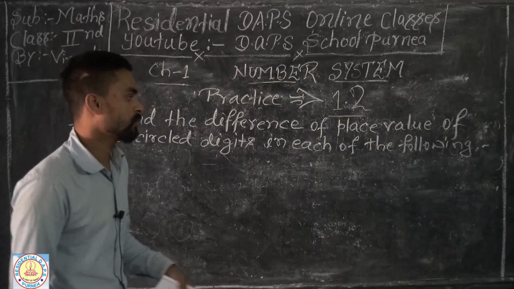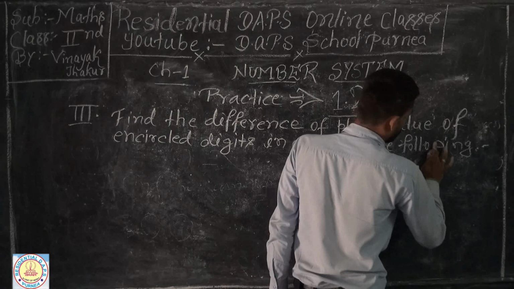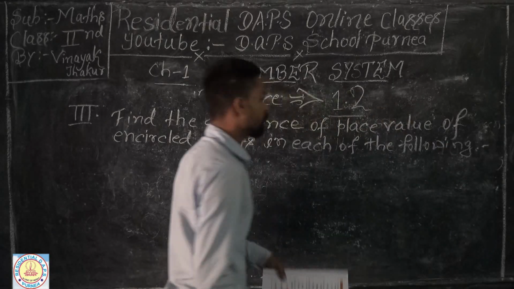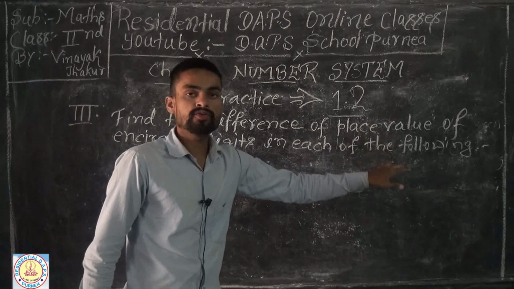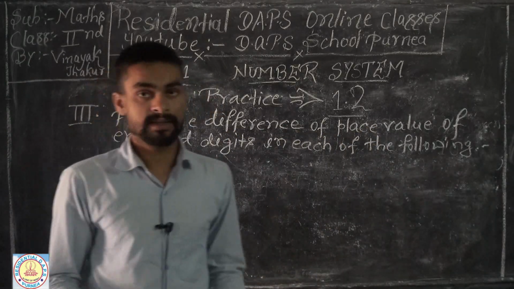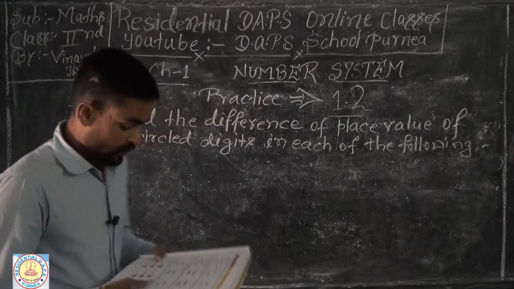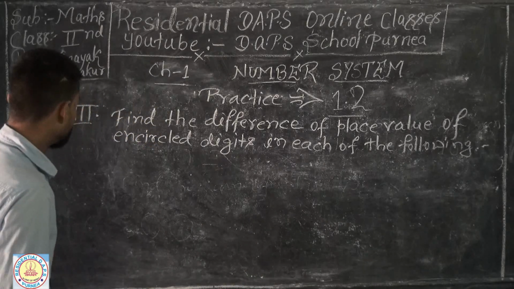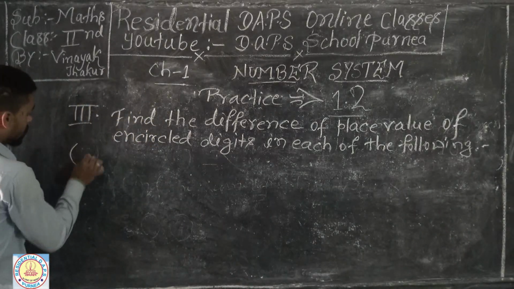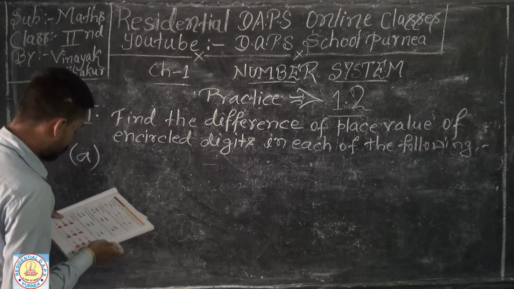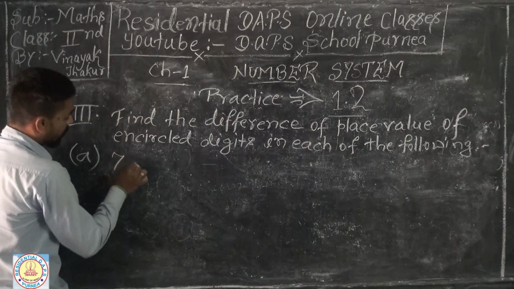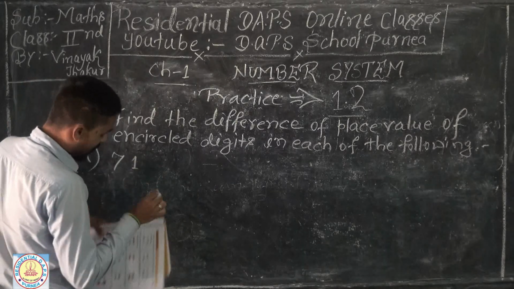Guys, here you need to only find out the place values difference between the two encircled points at that number. Your question number is 7129.